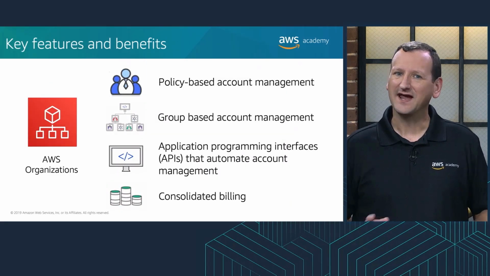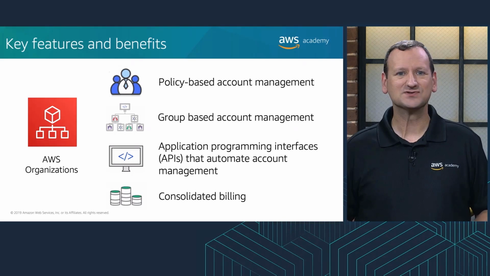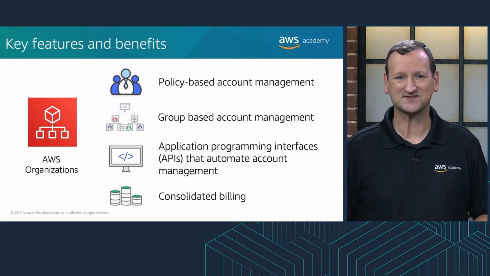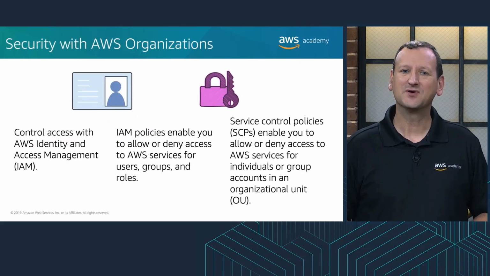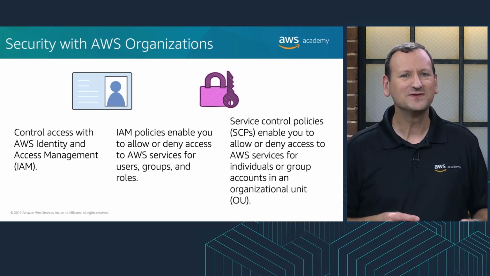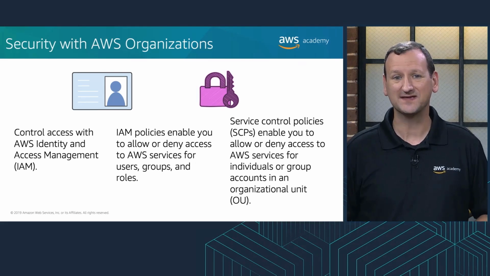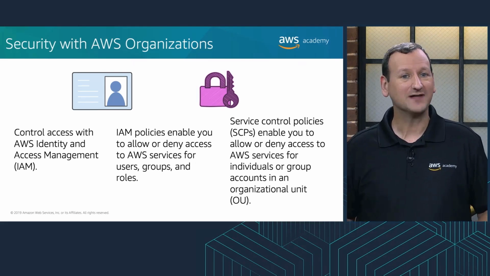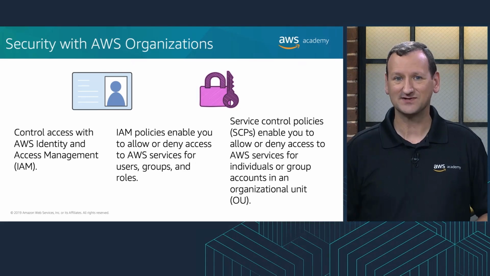In general, AWS Organizations enables you to do more than just consolidate accounts for billing. You can also use it to apply security controls to one or more of the accounts represented. AWS Organizations does not replace associating AWS Identity and Access Management policies with users, groups, and roles within an AWS account. With IAM policies, you can allow or deny access to AWS services.